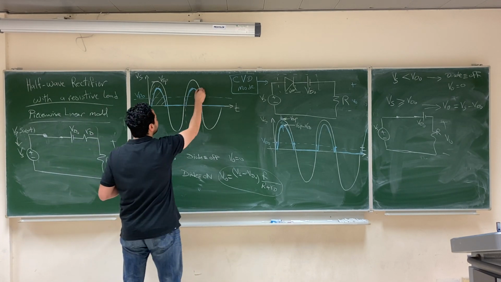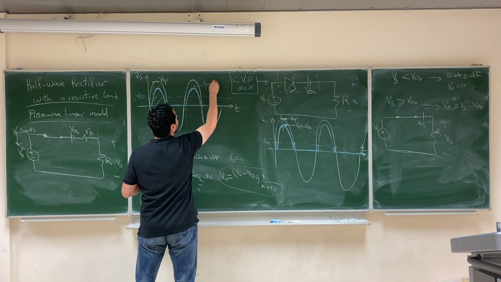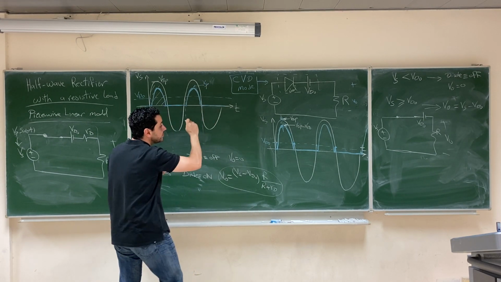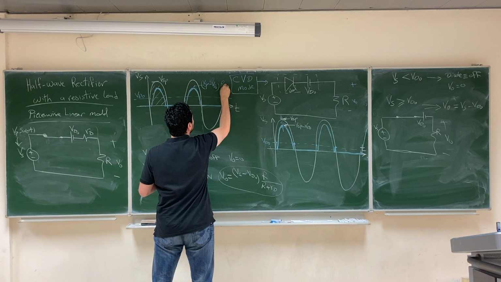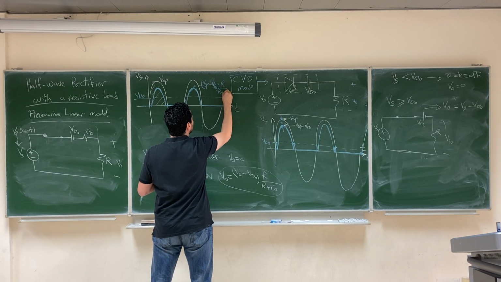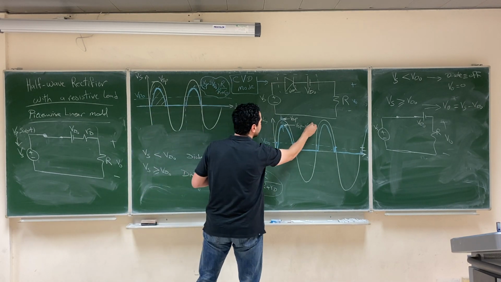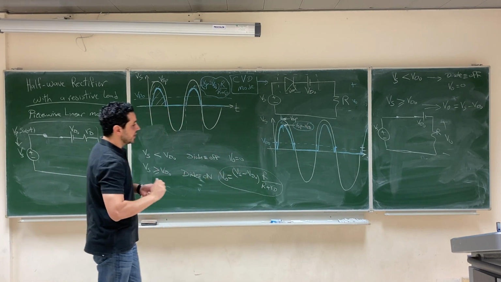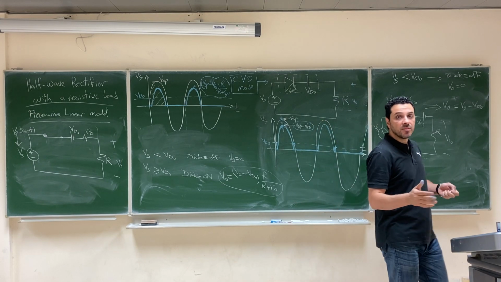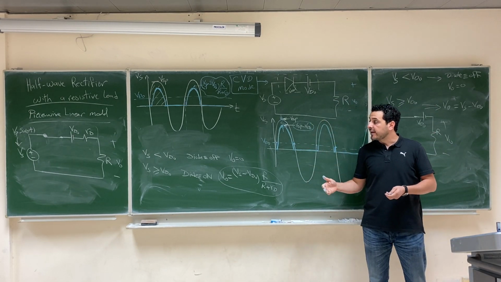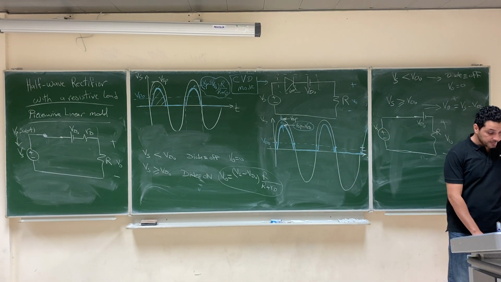So the peak of this voltage will be Vs peak minus VDO multiplied by R over R plus RD, while here the peak was Vs peak minus VDO. Okay, so here we use the three models to solve the half-wave rectifier circuit with resistive load.